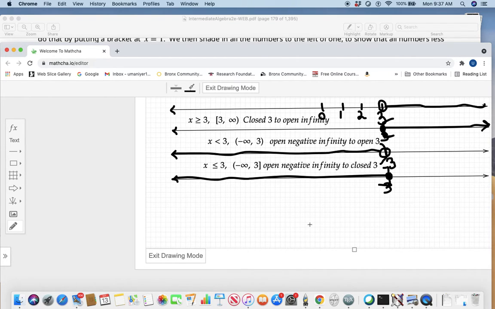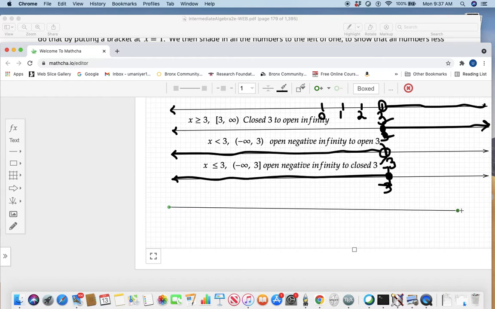Well, what happens when you have something in between? Now here it starts getting more fun. So these are the possible infinite values.